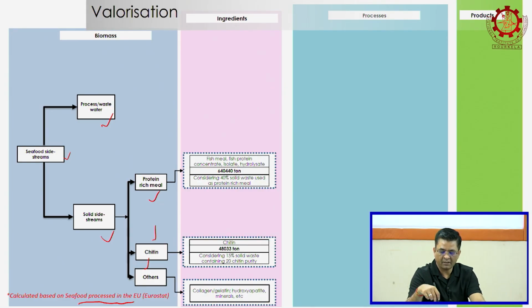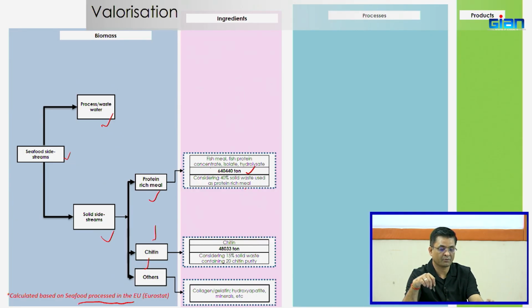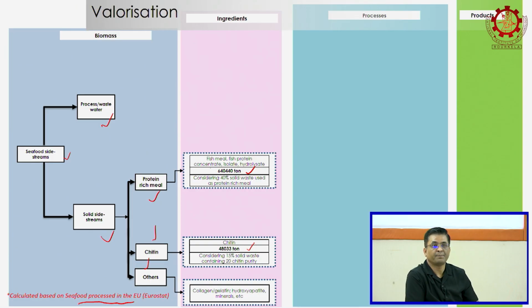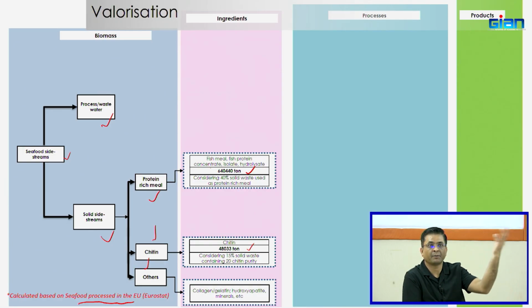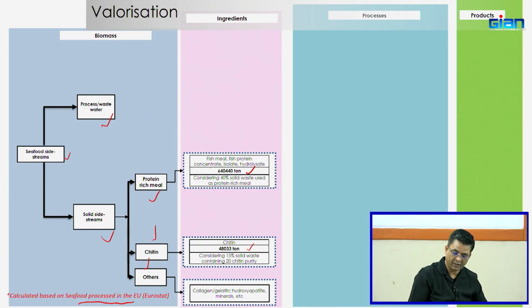Fish meal, fish protein concentrate, isolate and hydrolysate, considering 40% of solid waste is used as protein-rich meal, and this is the amount of tons of protein which can be recovered from the European seafood production. Yeah. Chitin, considering 15% of solid waste and 20% chitin purity. Yeah. Based on whatever process we do without using any new technique.